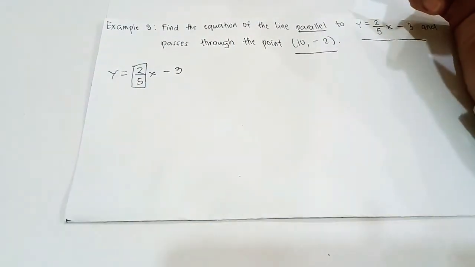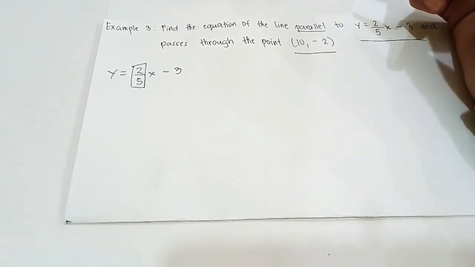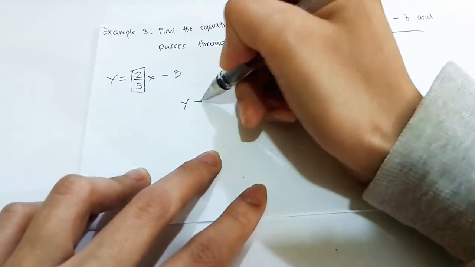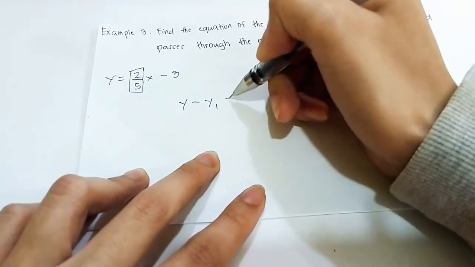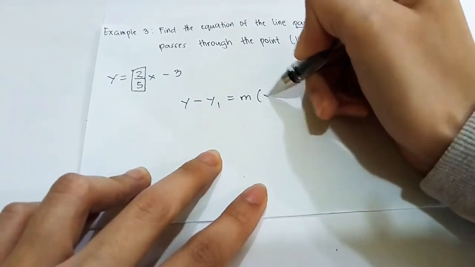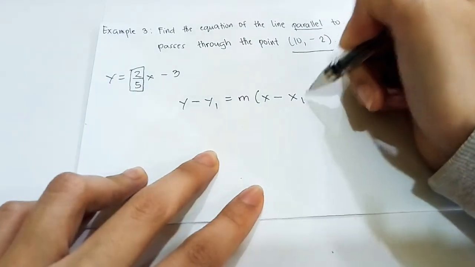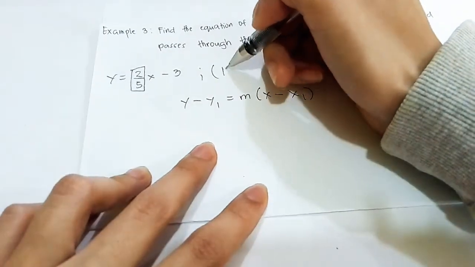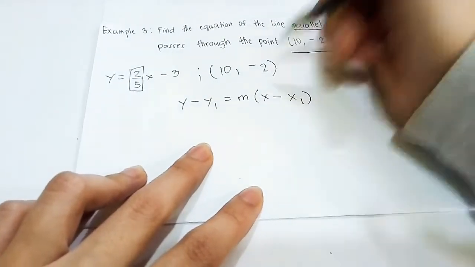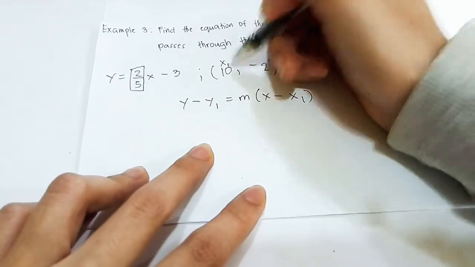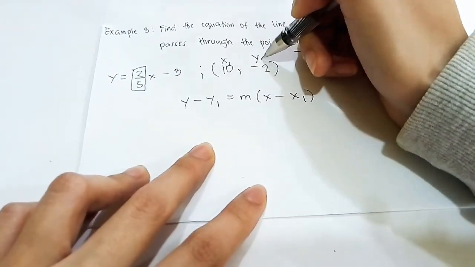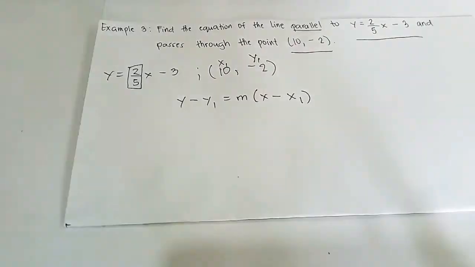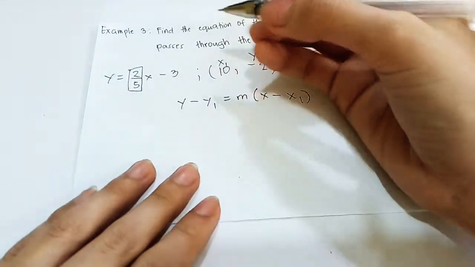So we can use the point slope form, that is y minus y sub 1 equals m times x minus x sub 1. So we are given a point with the coordinates 10 and negative 2. So 10 will be x sub 1 and negative 2 is the y sub 1. And then substitute the values.